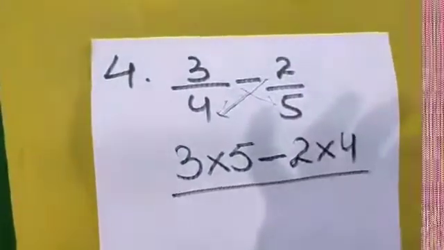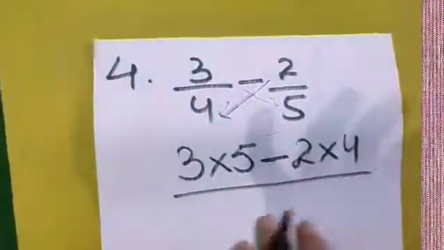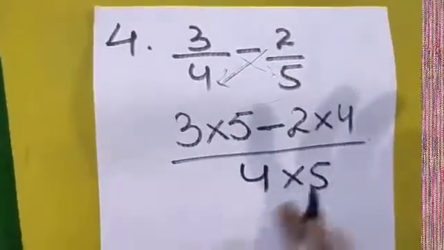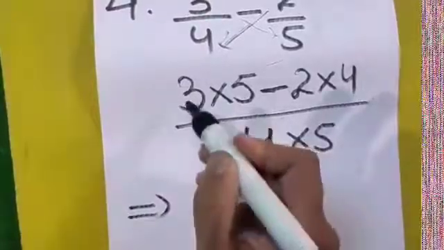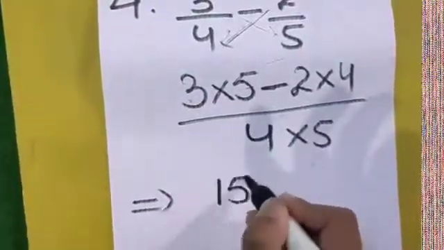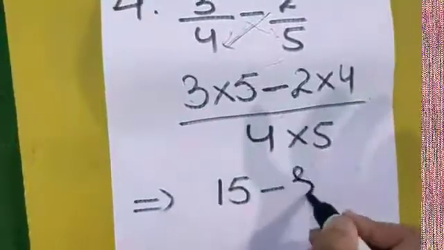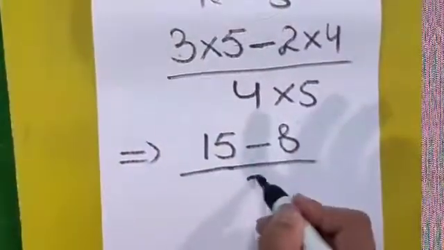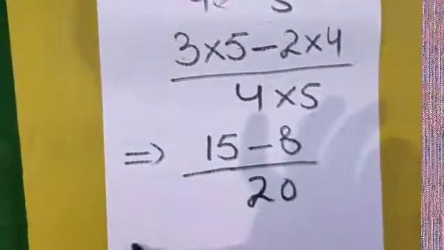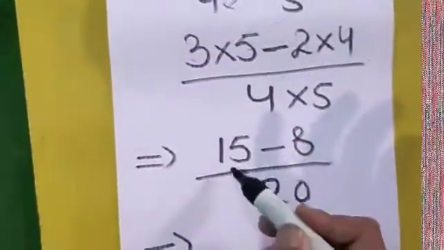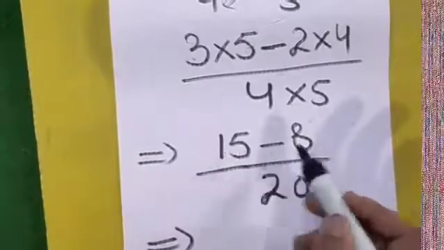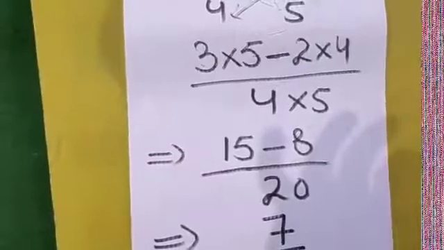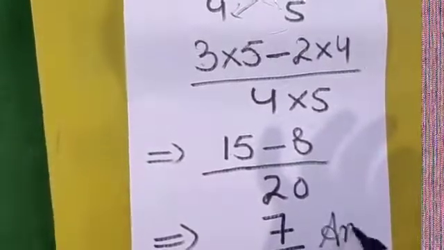And in the denominator, we will multiply both these denominators. 3 times 5 is 15, subtract 2 times 4 is 8, and in the denominator 4 times 5 is 20, so we will write 20 in the denominator. Now 15 subtract 8 is 7, and in the denominator the number is 20, so our answer is 7 upon 20.